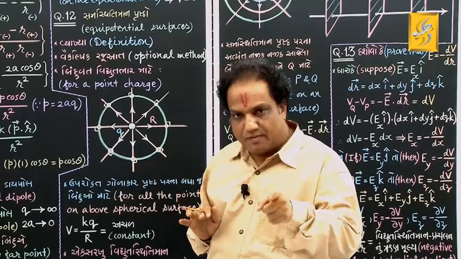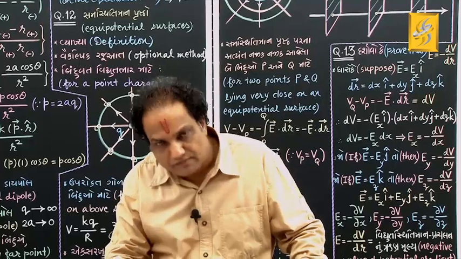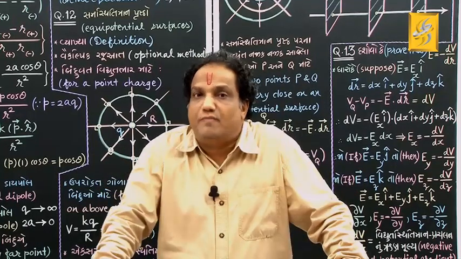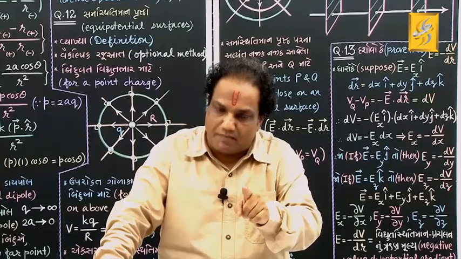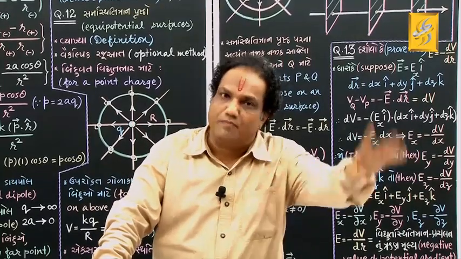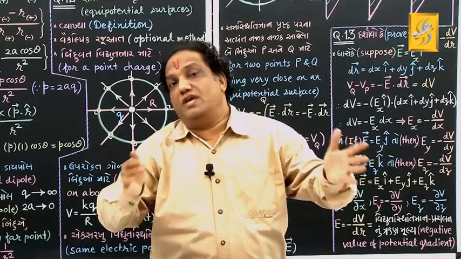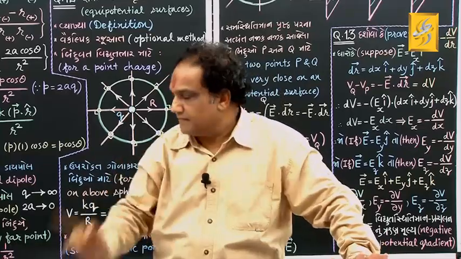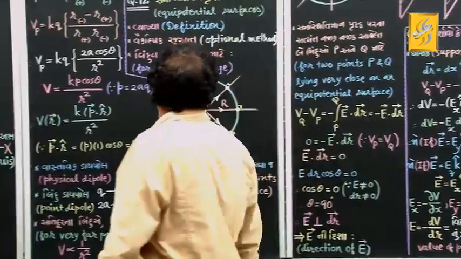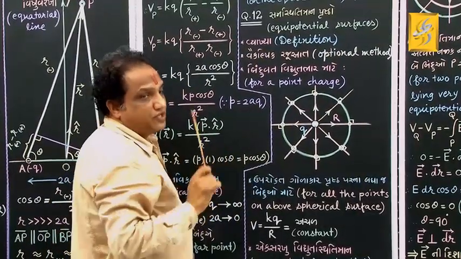A surface passing through points of equal electric potential is called an equipotential surface. Or if electric potential at all the points on a given surface is the same, then it is called an equipotential surface. Simple? Fine.